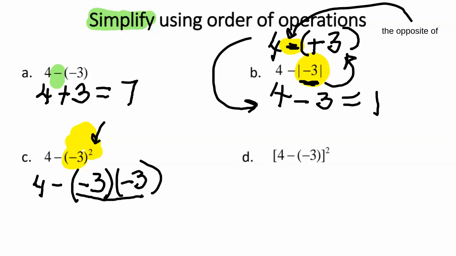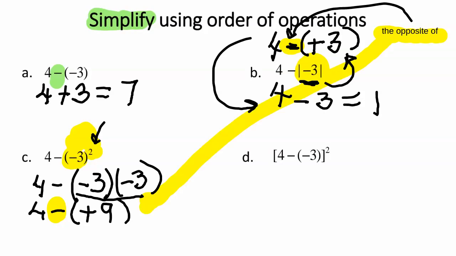It means I have 2 of these. Well, I have to deal with the exponent. And remember, a -3 times a -3 is going to give me a +9. But then don't forget, this negative is saying I want the opposite of, which means I have 4 minus 9, which gives me a -5.